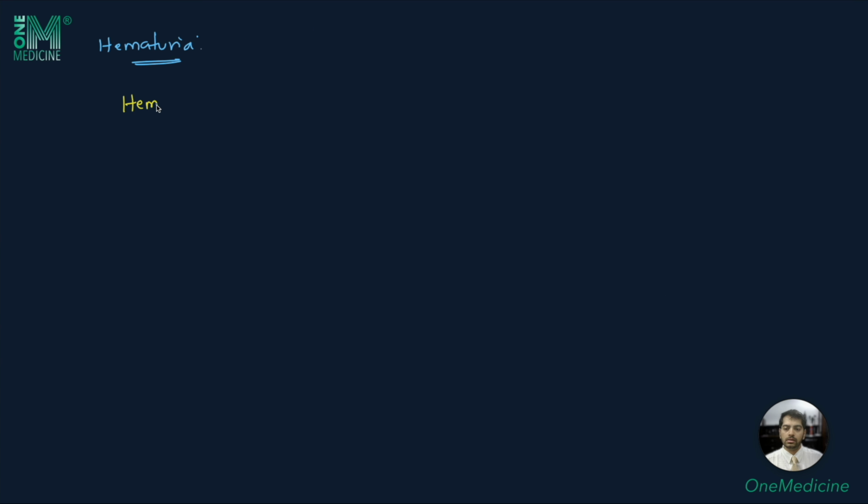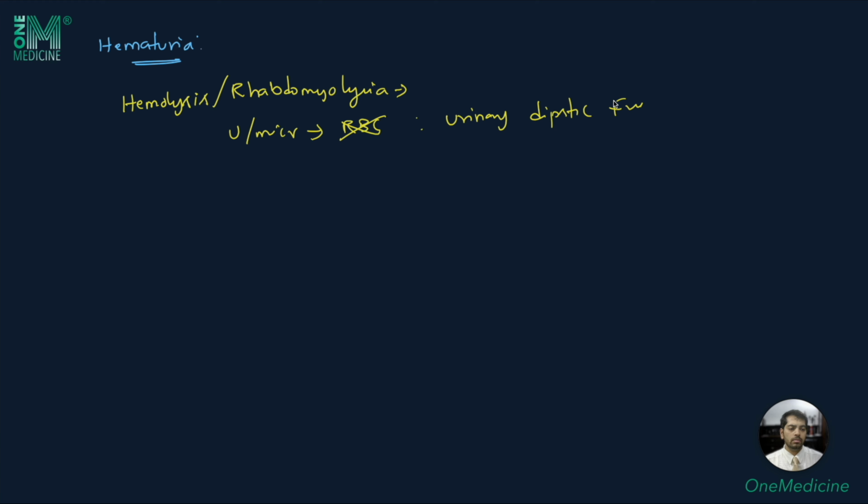In hemolysis or rhabdomyolysis, although urine microscopy does not show any RBCs, the patient will have urinary dipstick positive for blood.